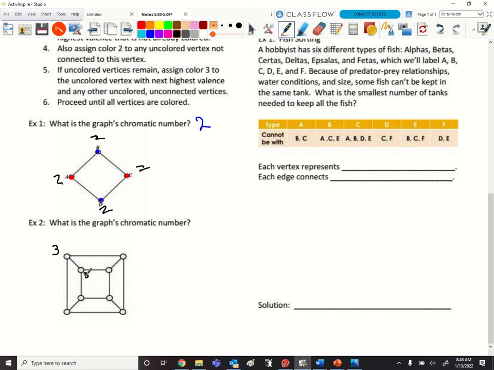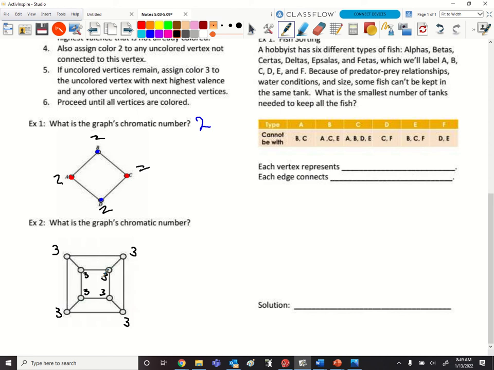The valence here is, valence here is, valence here, valence here, valence here, and valence here. Does that make sense so far? We're numbering the valence, and now from there we're going to keep going and start doing some coloring now.